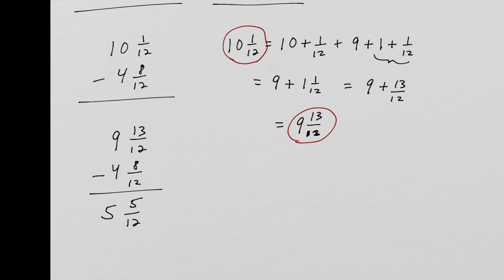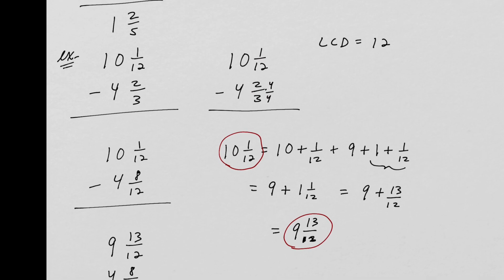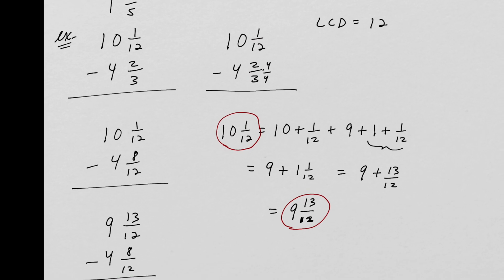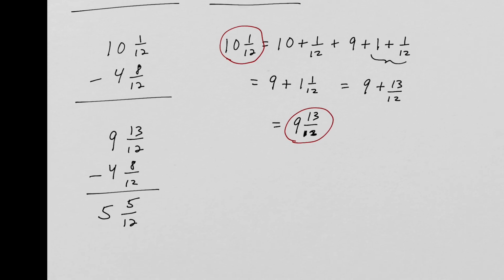So that's my final answer. So this original question, this is equal to just 5 5/12. Right? The original question was 10 1/12 minus 4 2/3. We had to do all that work, and we found that ultimately it ends up being 5 5/12.